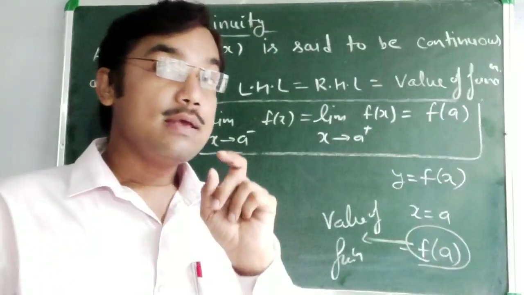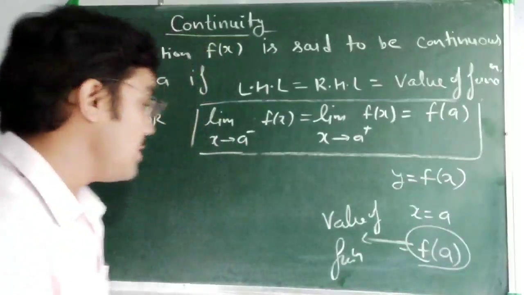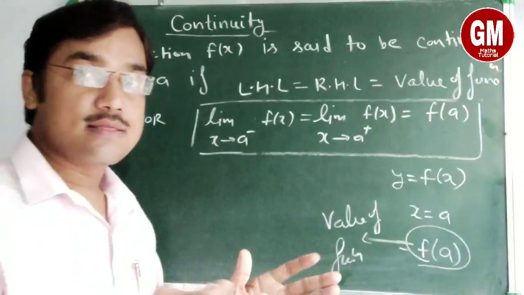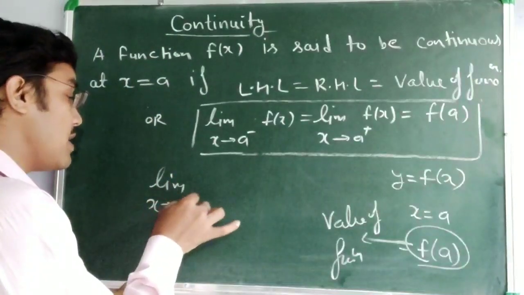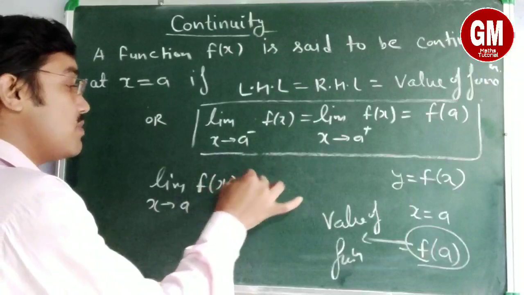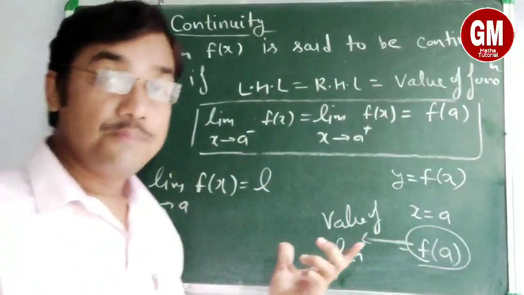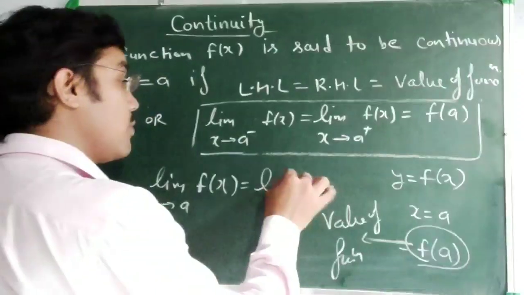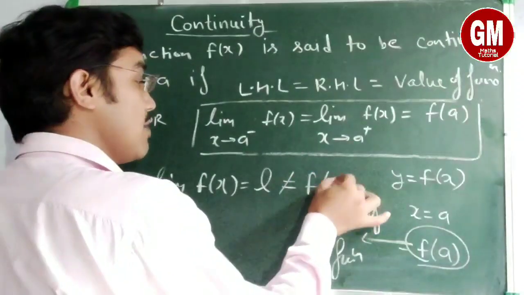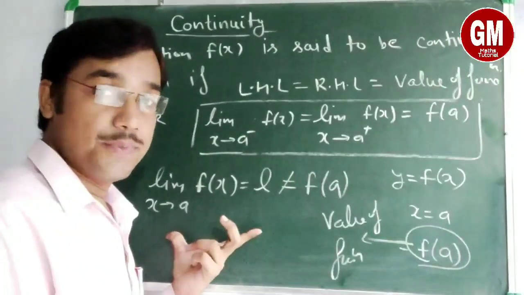As we discussed in the previous lecture, the limit of a function as x tends to a of f(x) is something, suppose L, and in the case of a limit, L is not necessarily equal to f(a).